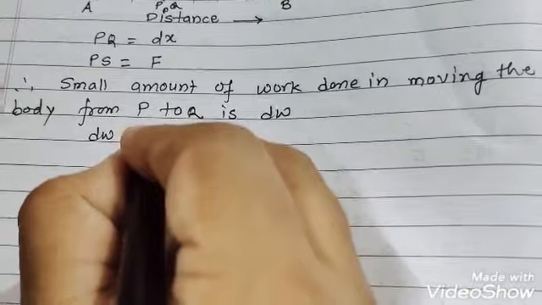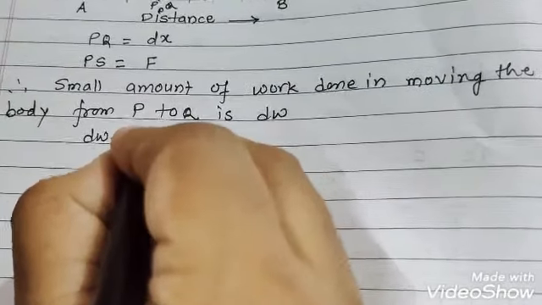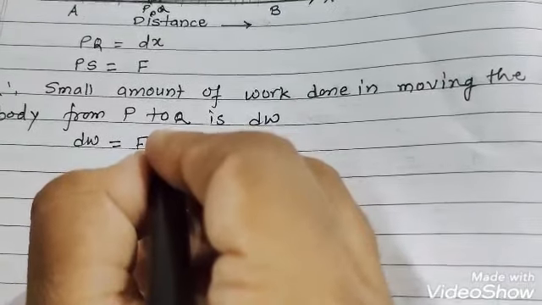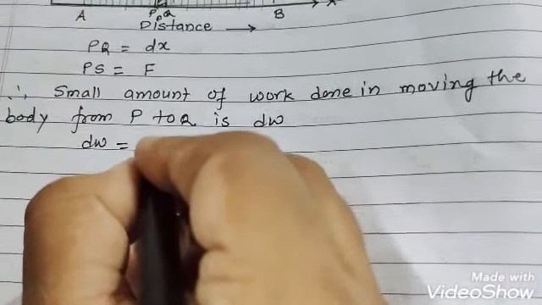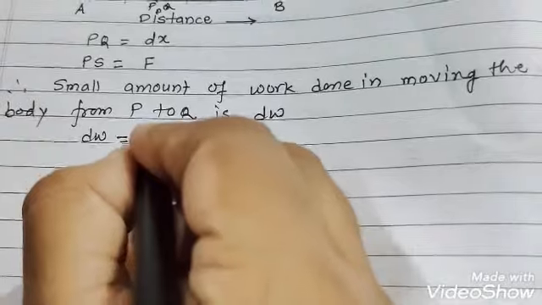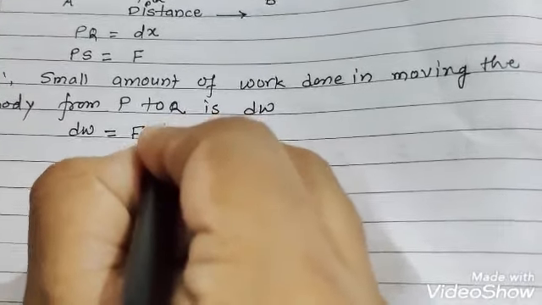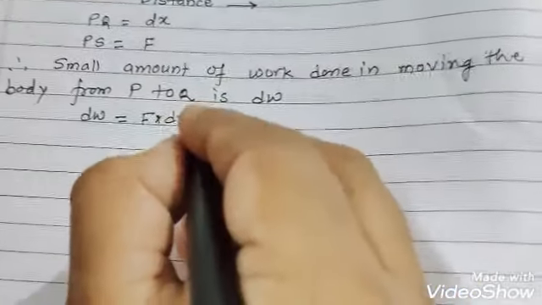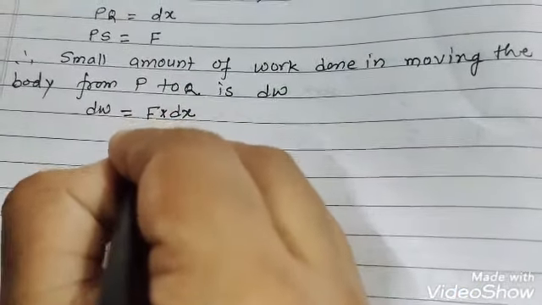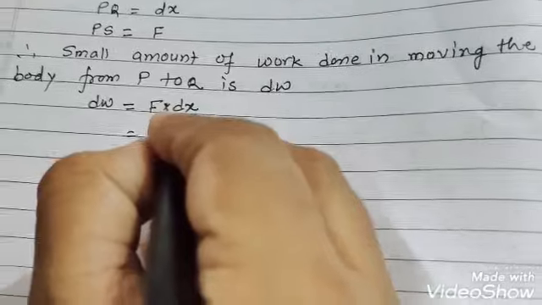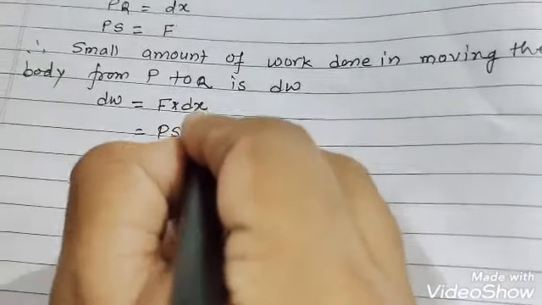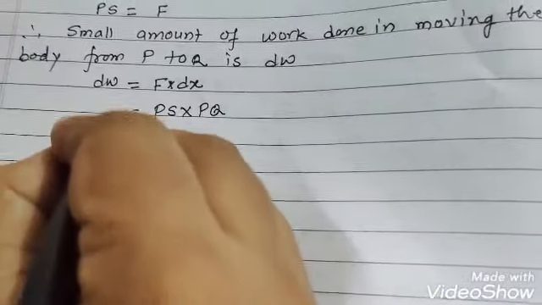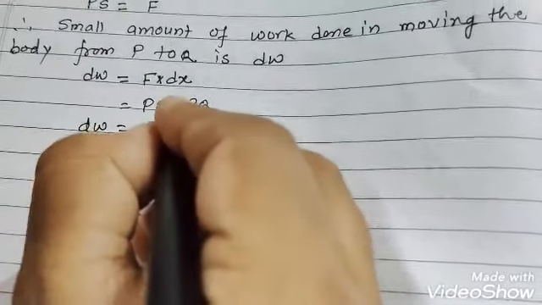When the force and displacement are both in the same direction, the product of these two will be F multiplied by dx. Here F is PS and dx is PQ. So this dW is actually PS times PQ.